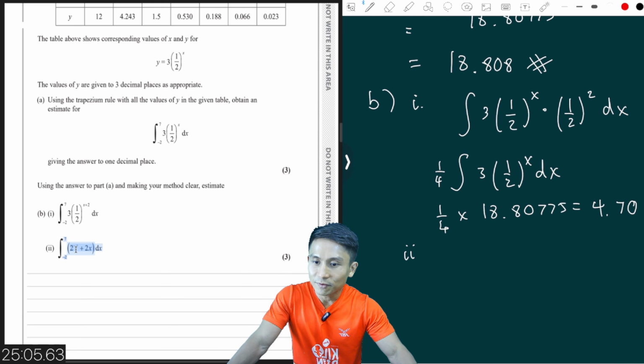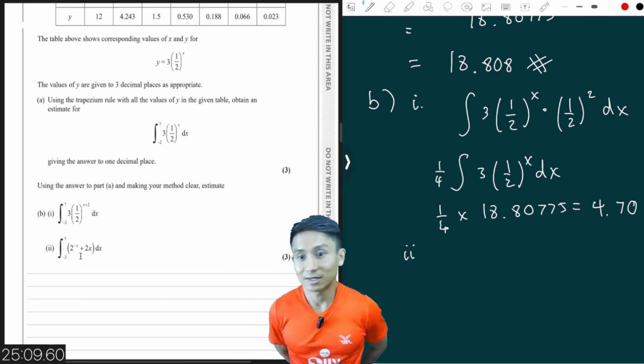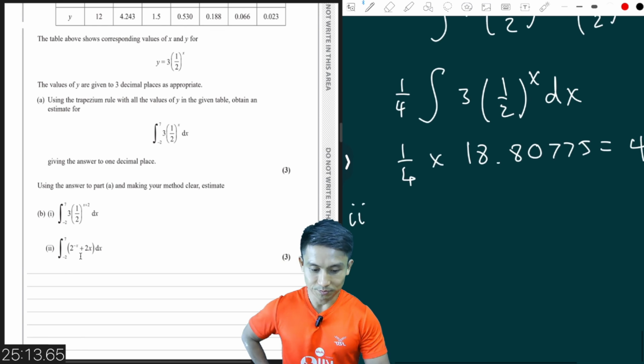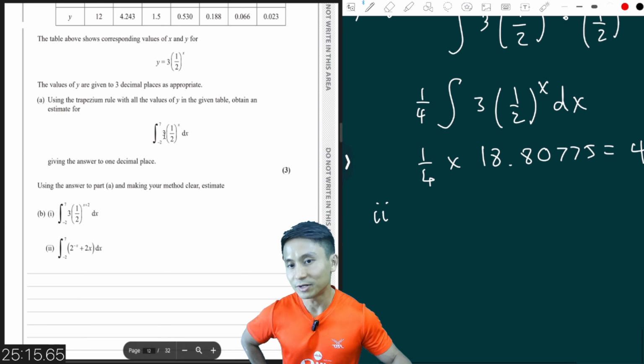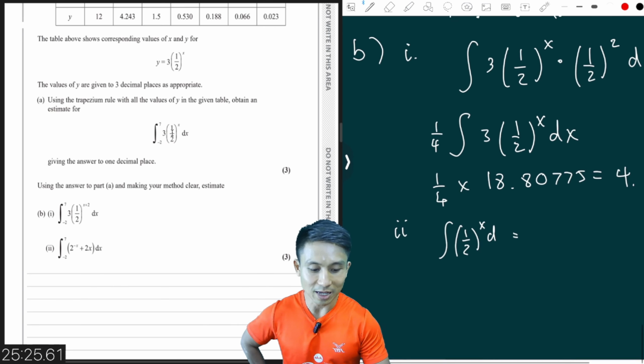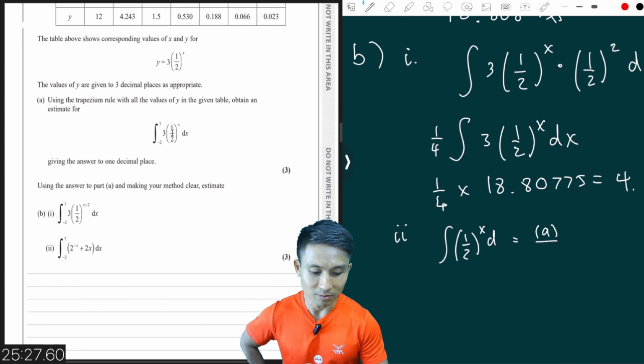we have 2 to the minus x and 2x. Interesting. Okay. Well, we have this, right? We can have a crack at the integral, so we can find this. Yeah, this is just basically the answer to part A divided by 3.